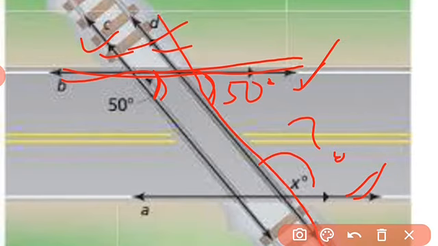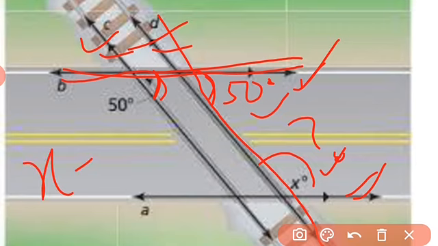So 50 degree and X degree are supplementary angles. Why? Because they are lying on the same side of a transversal. We know that angles on the same side of a transversal are supplementary.